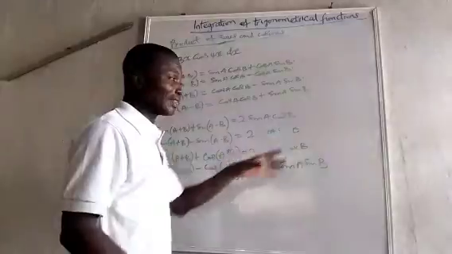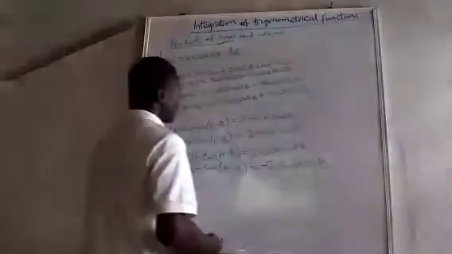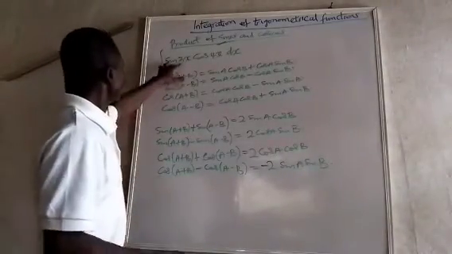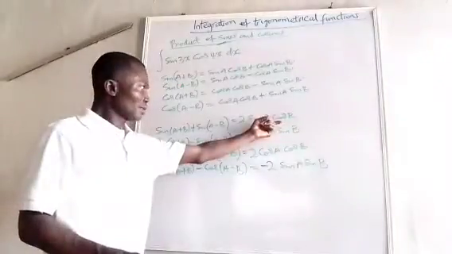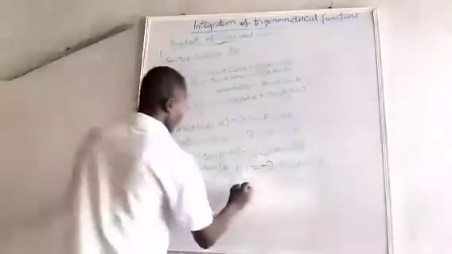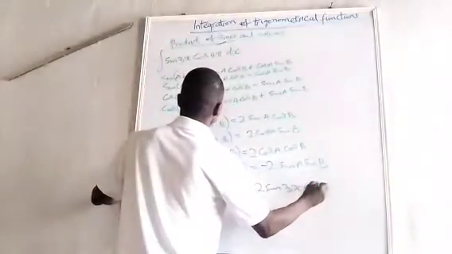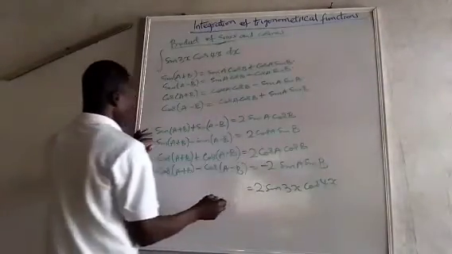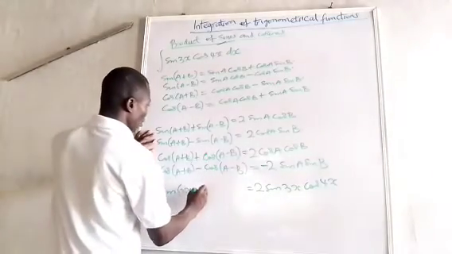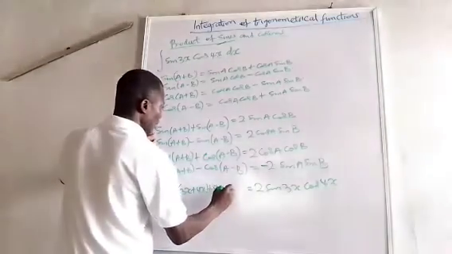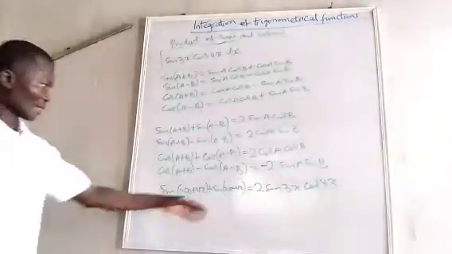When you have it, we can even work it direct. But if you can get it to this point, you can easily work this out. I have sine 3x cos 4x. So 2 sine 3x cos 4x is going to give me sine 3x plus 4x plus sine 3x minus 4x. Please don't forget the 2 is here.